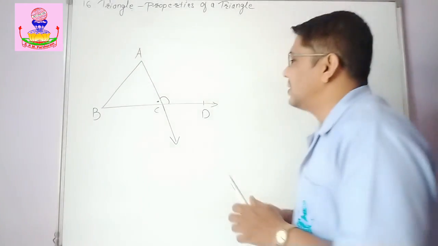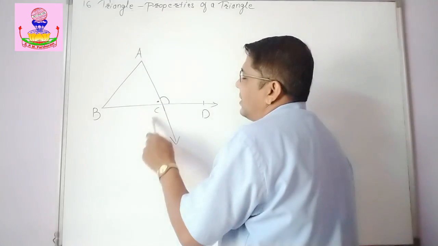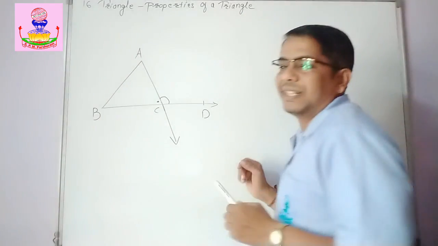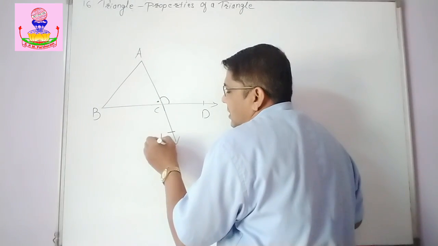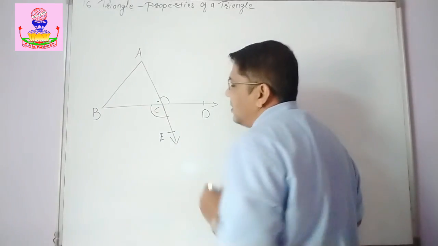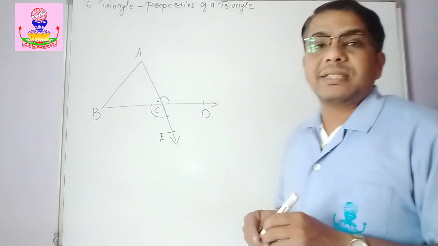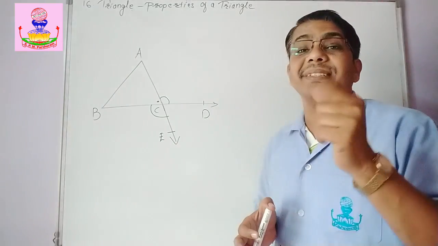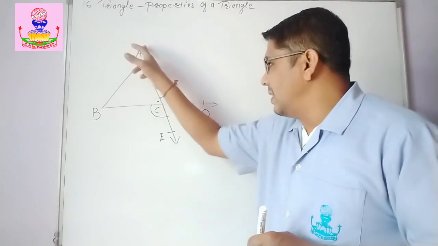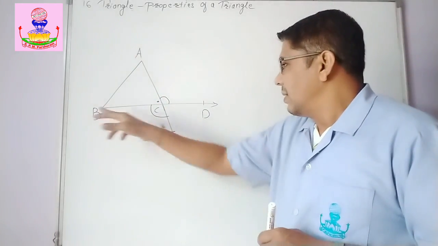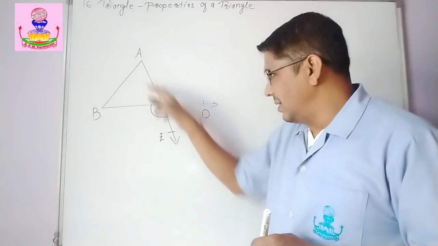So how many exterior angles can I get? Now see here, this and this, they are exactly vertically opposite angles, and hence angle BCE, suppose this is E, is also an exterior angle. Check the condition whether it is in linear pair with the angle of the triangle. See here, angle ACB and angle BCE.